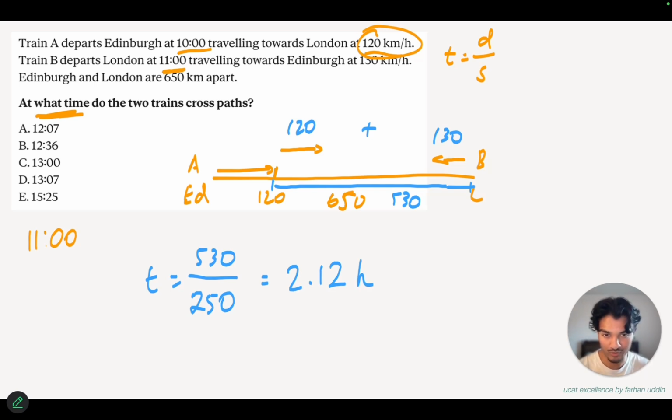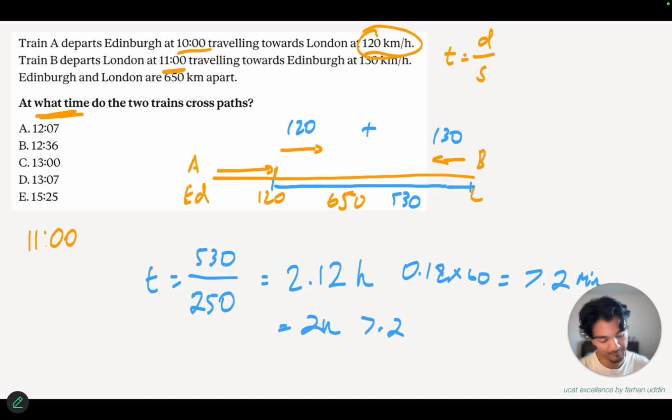Now, what is 0.12 in hours? That is 0.12 times 60, giving us 7.2 minutes. And so what this means is we've got 2 hours and 7.2 minutes before the trains finally cross paths.